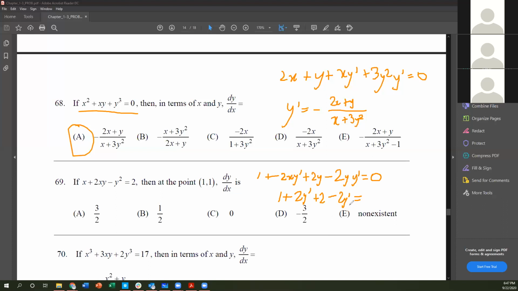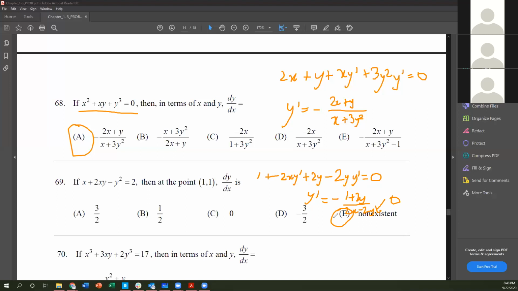But just to be sure, let's solve for y prime. That would be minus (1 plus 2y) over 2x minus 2y. And this makes sense because in the denominator we'll have a 0, and 3 over 0 is undefined, so that's why the derivative is non-existent. Does that make sense? How we got that?